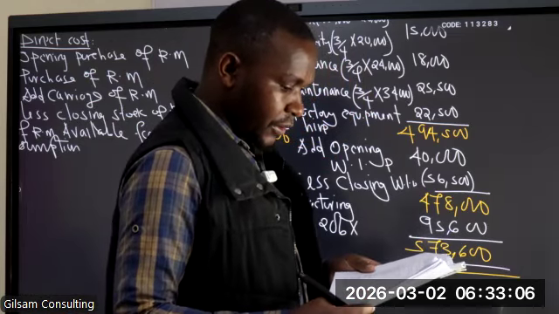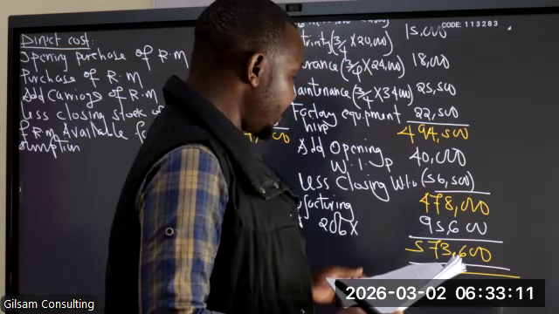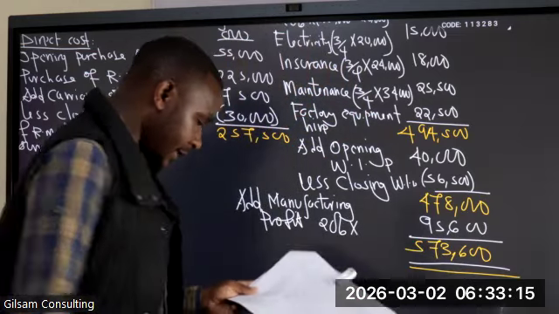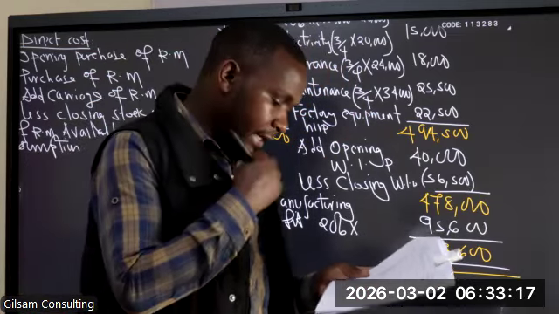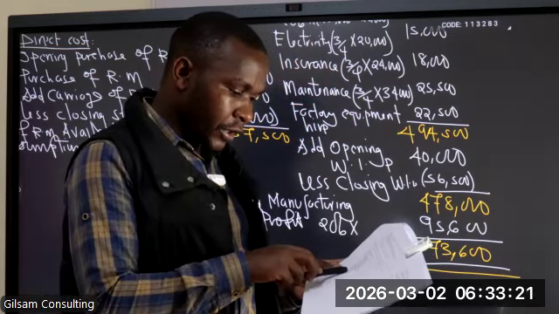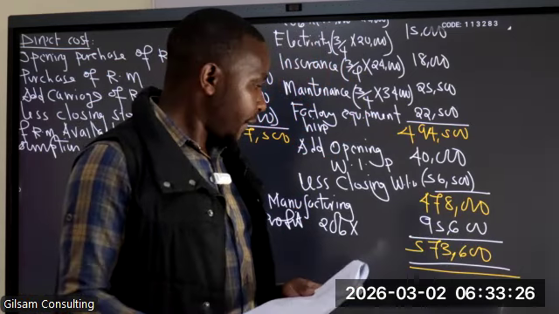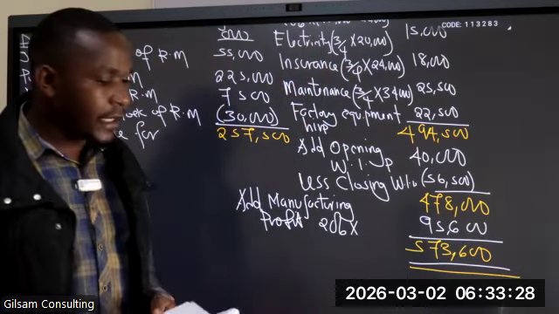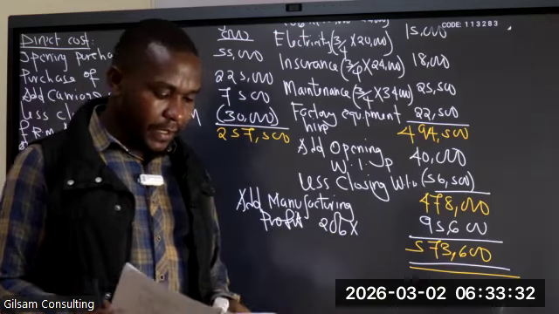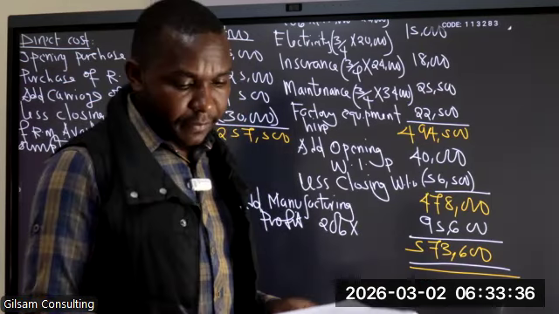So there is no need even for the units produced during the year, which is 200. I don't know what was the reason for giving us the number of units, and then they still give us the total sales. But anyway, you can get the cost per unit by taking the total production cost divided by the number of units.